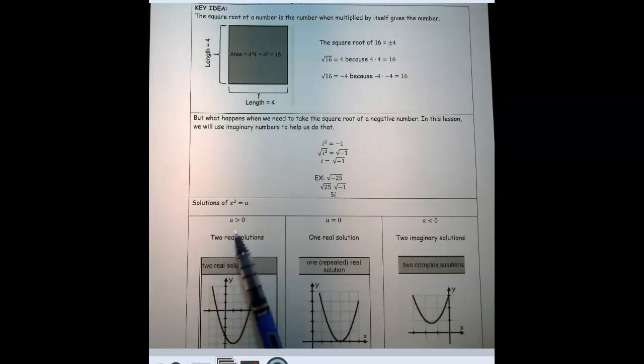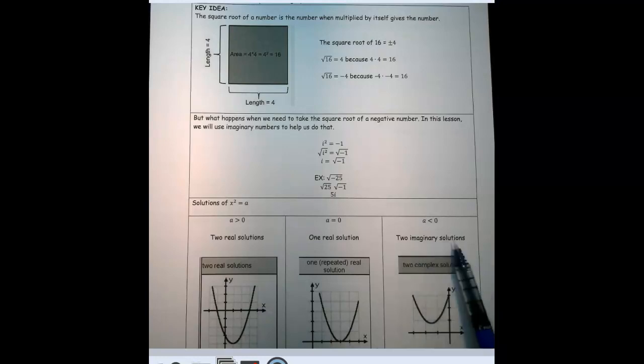So here, after you take the square root, if your answer is greater than 0, then that means that your quadratic will go through the x-axis twice, hence 2 real solutions. If your solution equals 0, once you get done doing your square root it equals 0, then what that means is that your x-intercept is repeated. So it only hits the x-axis once and it bounces off.